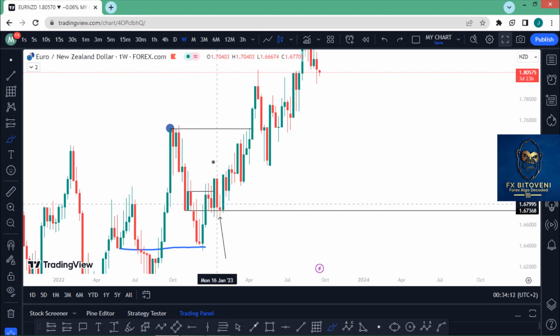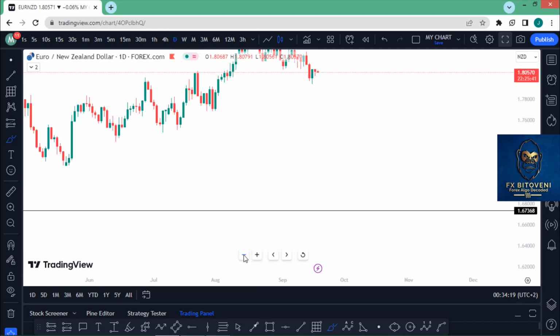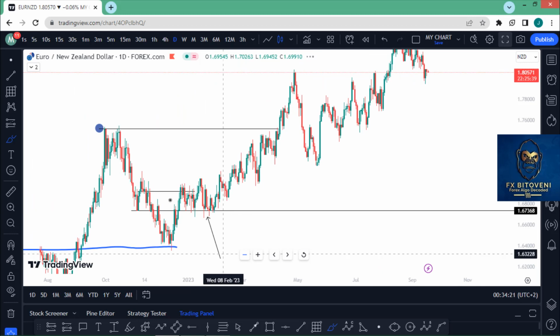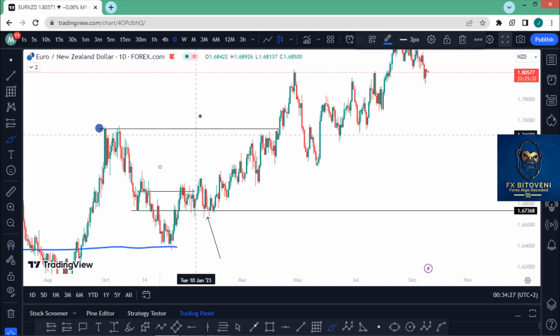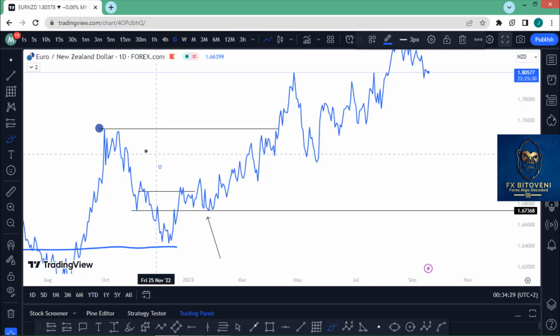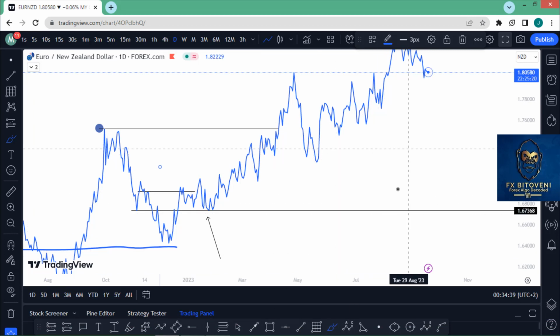So you have invalidation here, and then you switch to daily, for example, to see what is going on. You look at here, to see it yourself. If you have a strong move like this, you can immediately remember, there are so many patterns that I will end up teaching you guys.